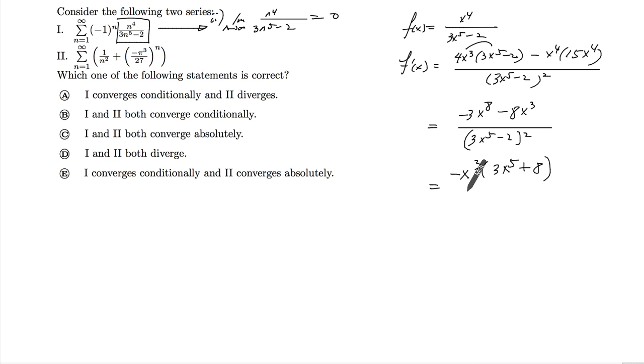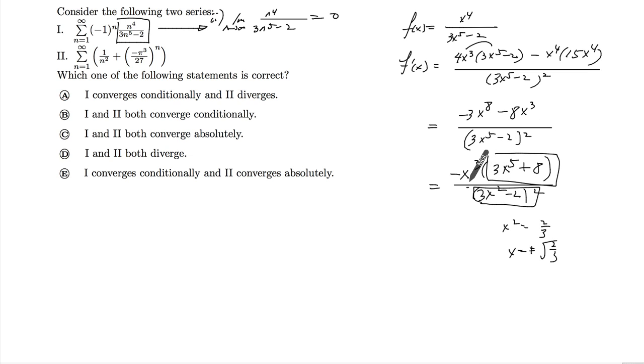Now we're only considering when x is positive here. The bottom is equal to 0 at x equals plus minus the root of 2 over 3. So it's equal to 0 at positive root of 2 over 3, which is less than 1. So beyond 1, this is always positive.